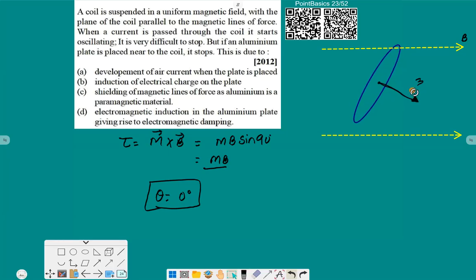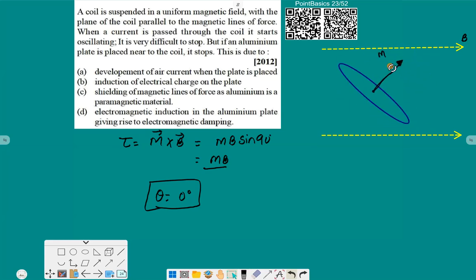Then it again bounces back to the 0 degree condition, and again due to rotational inertia, it overshoots that 0 degree condition, and it keeps on oscillating like this. And why is this happening? Because there is no friction. There is no friction to dampen this motion. So this keeps on happening.